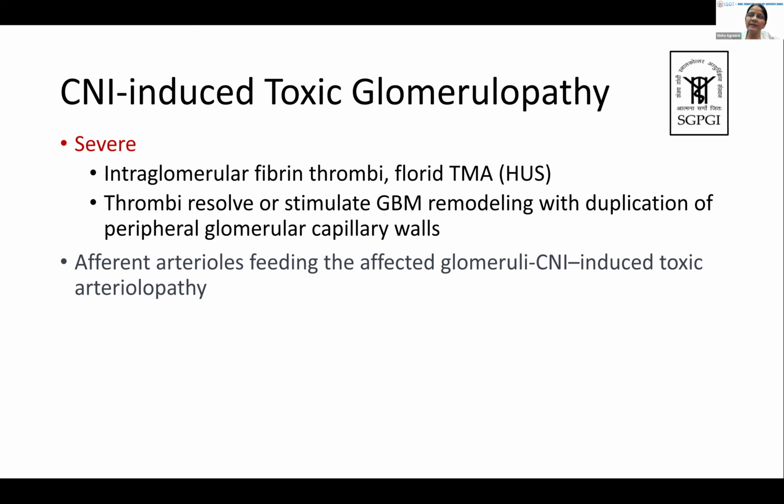So you can understand that this GBM injury, the injury to the endothelial cells, which may be protracted or recurrent, and a severe injury, both can lead to transplant glomerulopathy with duplication of the peripheral glomerular capillary loops. The afferent arterioles feeding the affected glomeruli often present with toxic arteriolopathy.